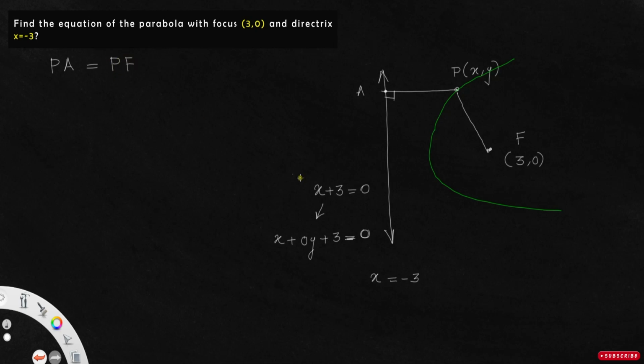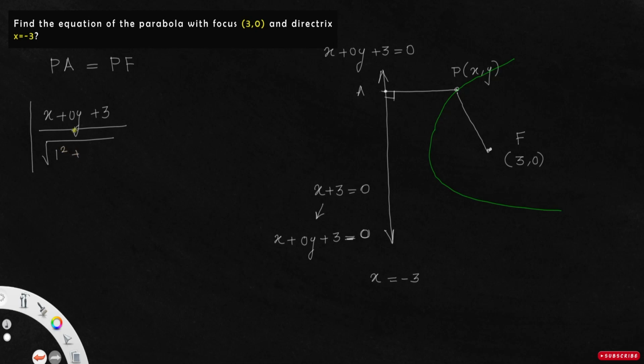So like I said, how will you find the distance of the point P to this line? This line is actually x plus 0y plus 3 equal to 0. So first put the point's coordinates instead of x and y. So PA must be the modulus of x plus 0y plus 3, whole divided by the square root of 1 square plus 0 square, since the coefficient of x is 1.